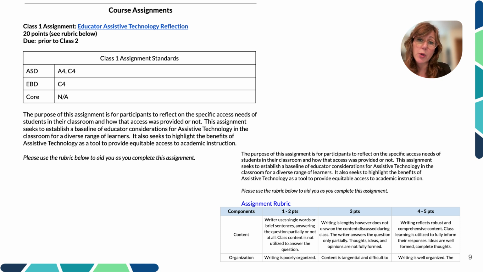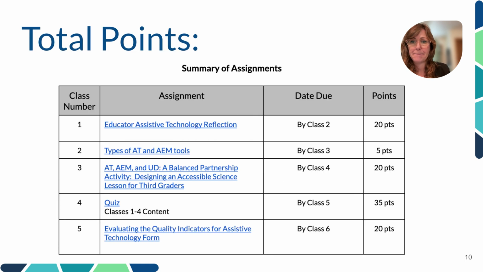There's a specific rubric for each assignment listed. That way, each assignment is graded and should be very, very clear and transparent on how you receive your grade for that assignment. At the end of the syllabus, you will see a summary of assignments.